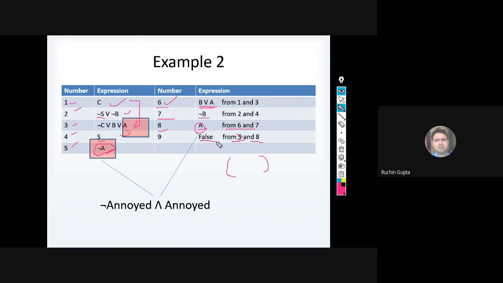It means I will get a false. In case of the empty clause, we say that we are getting a false value.